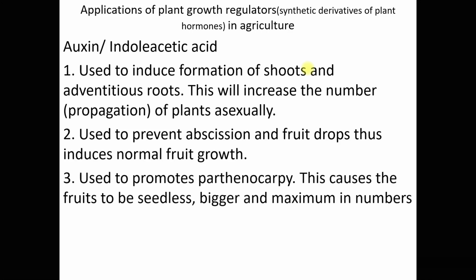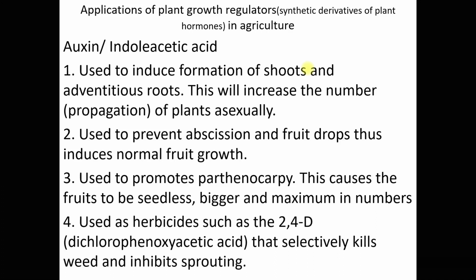It is used to promote parthenocarpy, which causes the fruits to be seedless, bigger, and maximum in numbers. Auxin in agriculture is also used as a herbicide, which selectively kills weeds and inhibits sprouting.